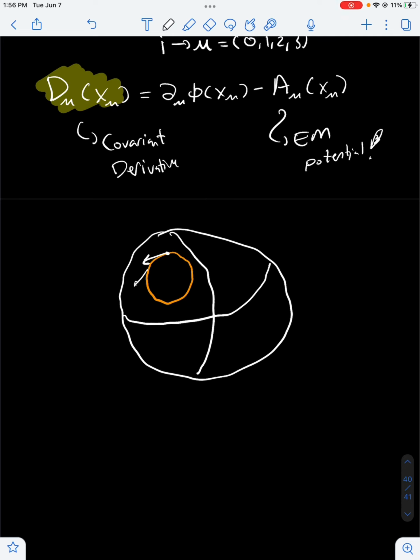If we do that through a method called parallel transport, our vector will actually look different. So try this yourself. Take a basketball or something, take a vector on the ball, move it in a loop, and the vector you get where you started is going to be at a different orientation from the first vector, meaning that our space is curved.